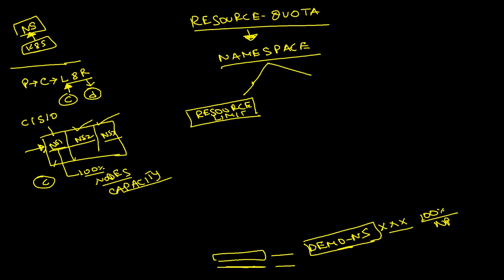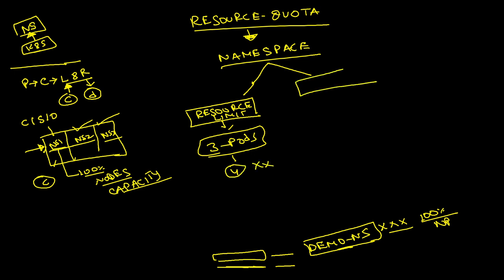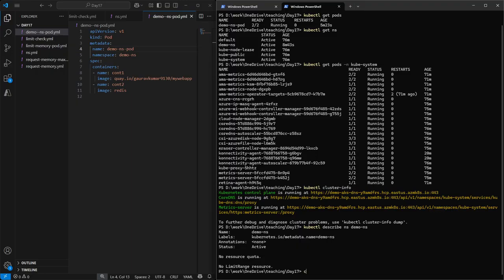Like, I want to create 3 pods, so only 3 pods will be created inside this namespace. If you try to create the fourth pod, you are going to get an error. In the same way, we can put some restriction on the CPU or memory part. So let's do a quick demo to understand it. Let me clear my screen.